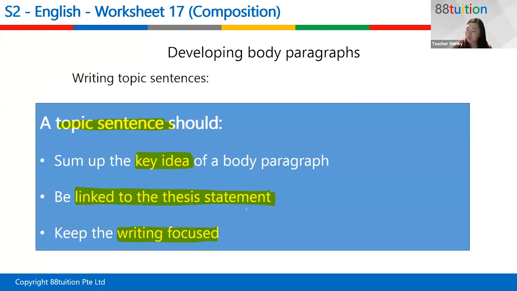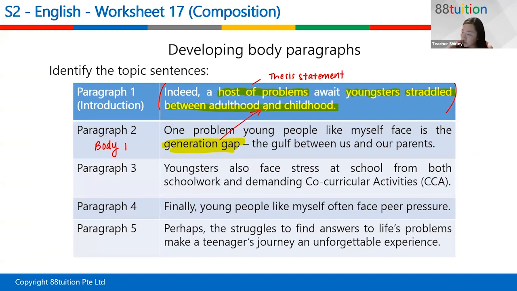It has to be linked to the thesis statement. It is, right? Because it's talking about a problem. So what's the problem here? The problem is that there can be a generation gap between parents and us, and that is probably going to be a struggle for teenagers because parents and you might have different opinions, and sometimes it can lead to arguments as well, right? So that's one.